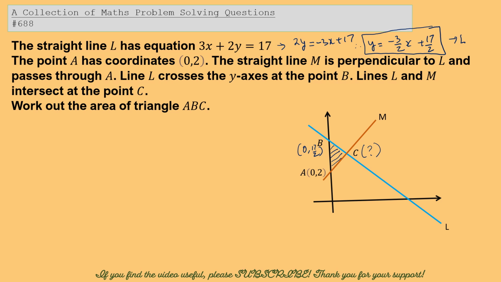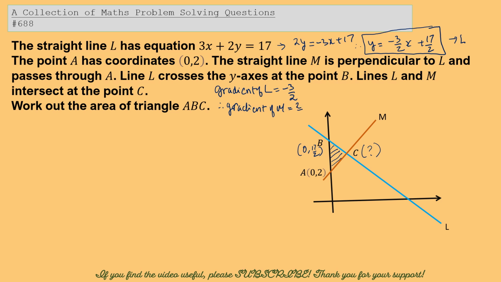Now to find the equation of M. We know the gradient of the line L is minus 3 out of 2. So the gradient of the line M would be the inverse of that with the opposite sign, because the product of two perpendicular gradients is minus 1.